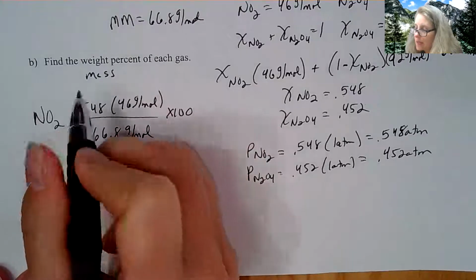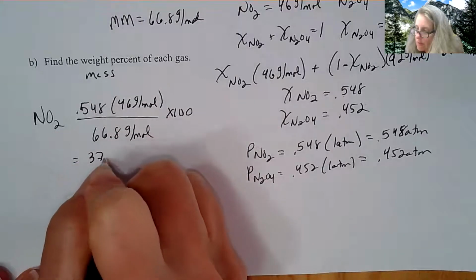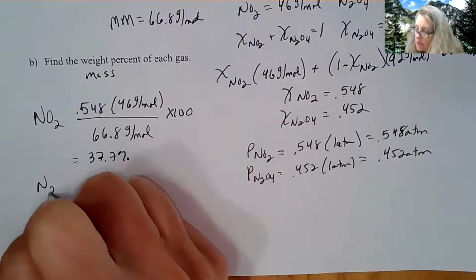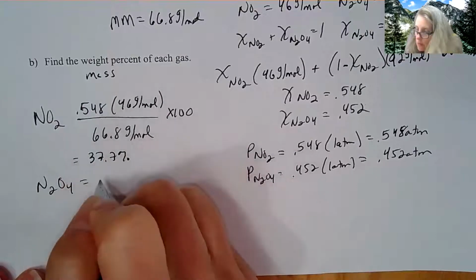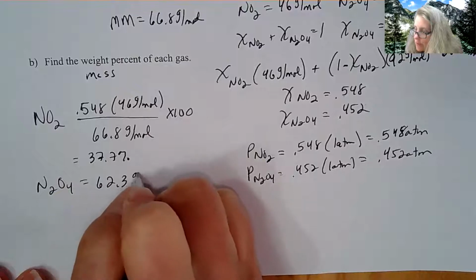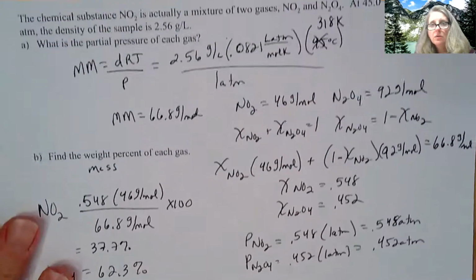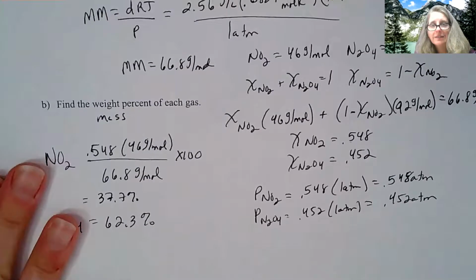If you do the math here, you end up with 37.7% is NO2. Then if you just subtract that from 100, you get around 62.3% as N2O4. Okay, so that's how you do a couple of these problems related to gas law.